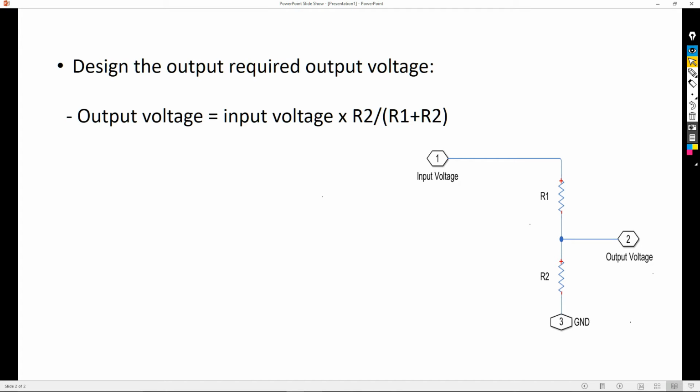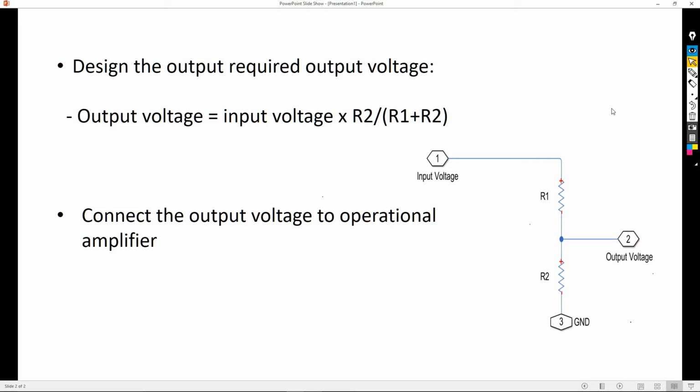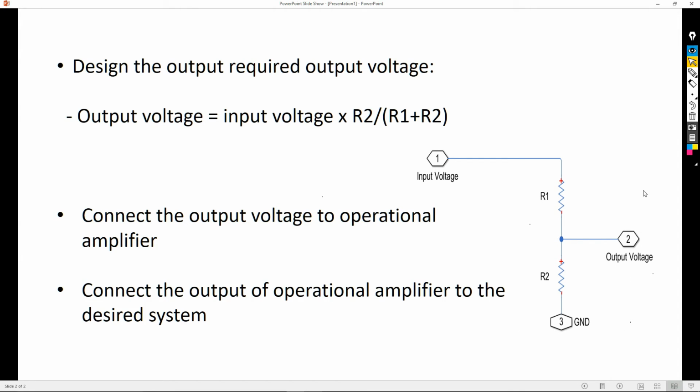There are some microcontrollers or systems that already provide that operational amplifier input, so you don't have to connect it. But if it doesn't have one, then you have to connect the operational amplifier to the output voltage here, and then finally connect the output of the operational amplifier to your desired system, and hopefully this will fix all the problems, your design will work perfectly, and you will have the desired voltage that you want.